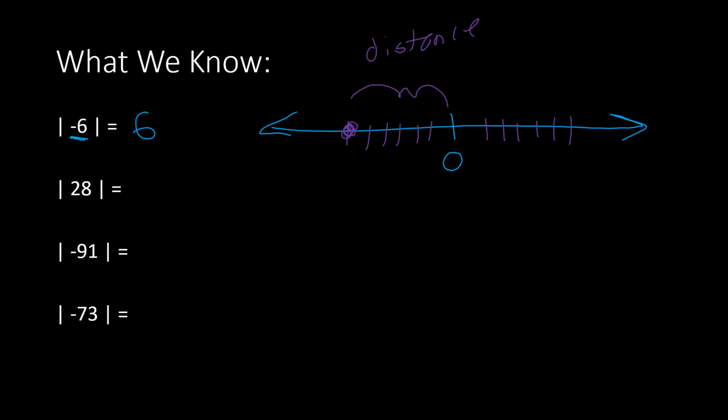And that is 6 units, hence why it is 6. And then 28 is going to be just 28 because it is 28 units away from 0. The negative 91 is going to be 91, and likewise negative 73 is going to be positive 73. So this is what you probably already know.